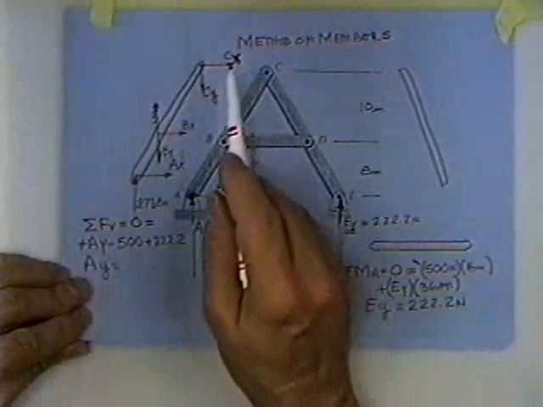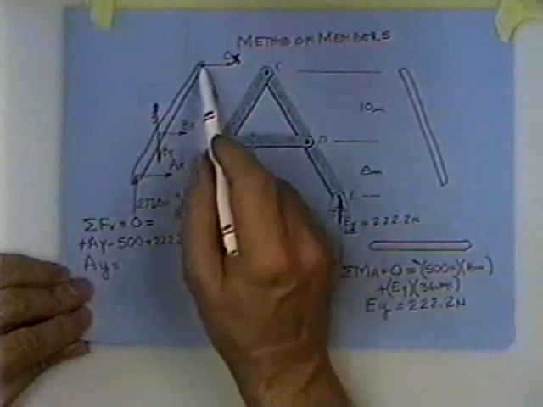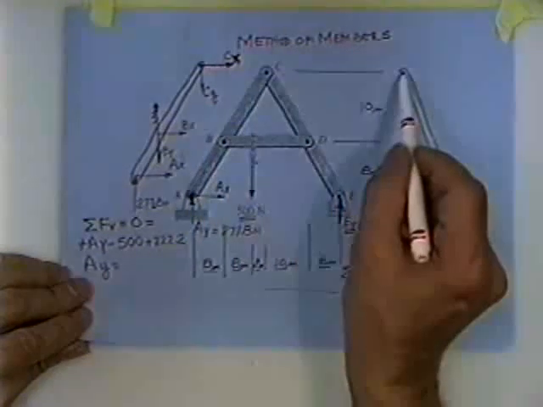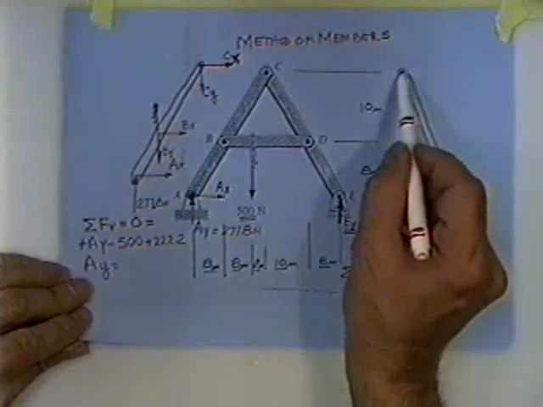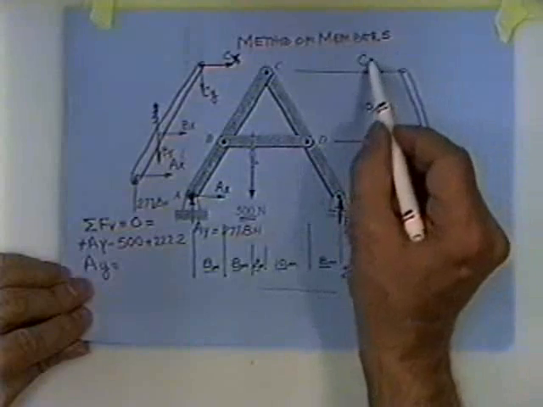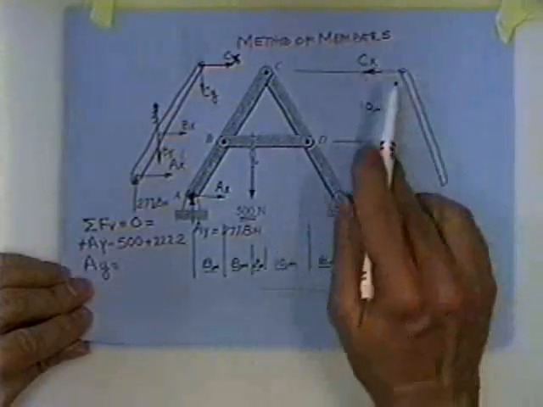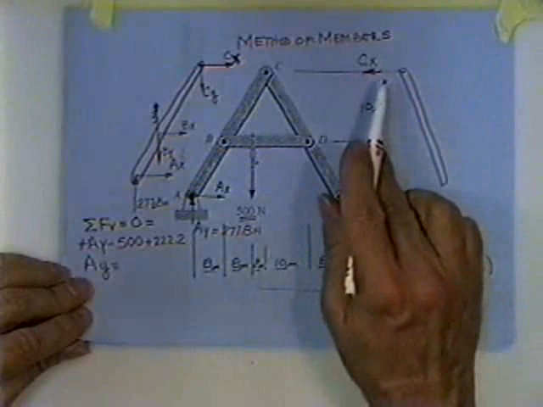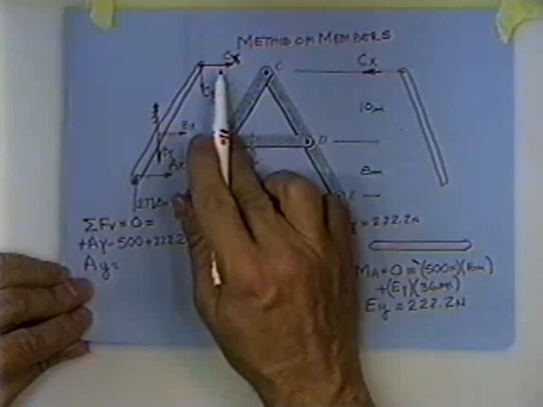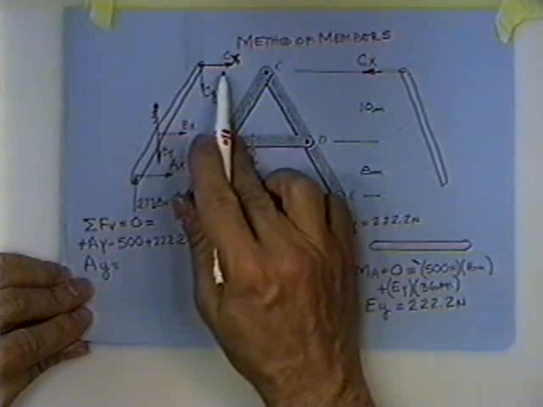For example, you said that somebody is pulling to the right on this member. The only way that can happen is if the person who's pulling is being pulled on to the left. So you must put CX to the left on this member, because you put it to the right on the other member. So the rule is the force on the other member goes the other way.